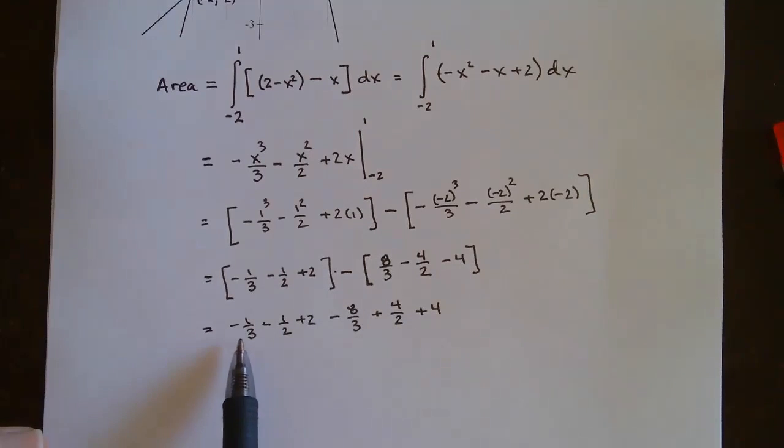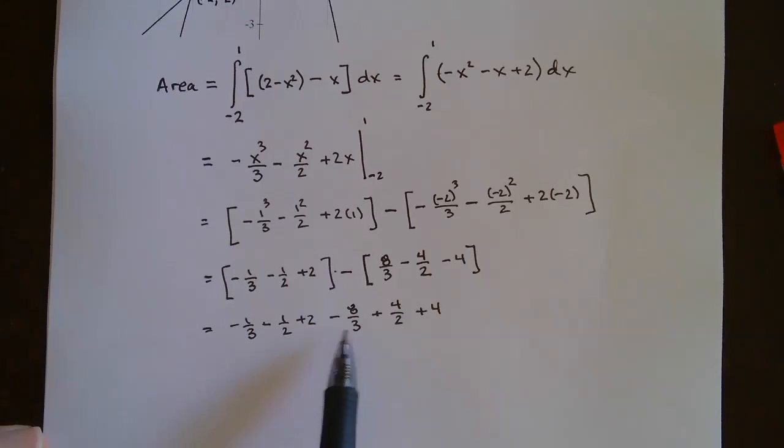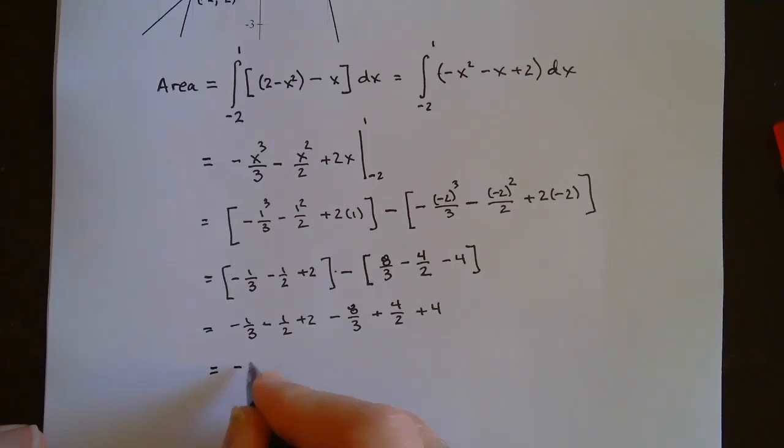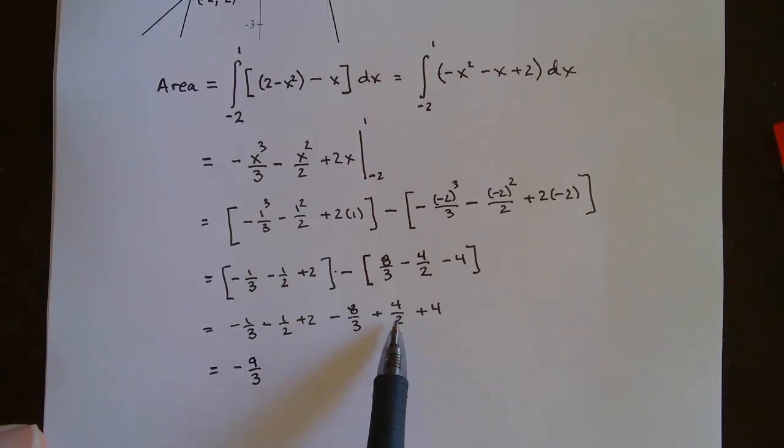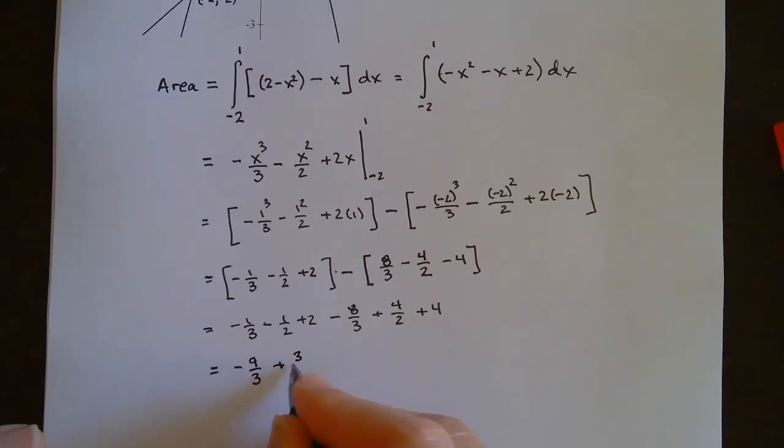All right, so we have -8/3 and a -1/3 and a -8/3. That makes -9/3. I have a -1/2 and I have positive 4 halves. So that would make 3 halves. So plus 3 halves, okay? And then I have positive 2 and positive 4, which makes positive 6, okay?